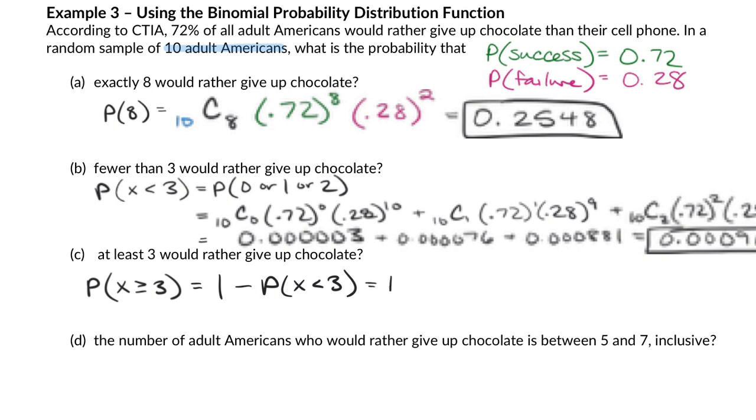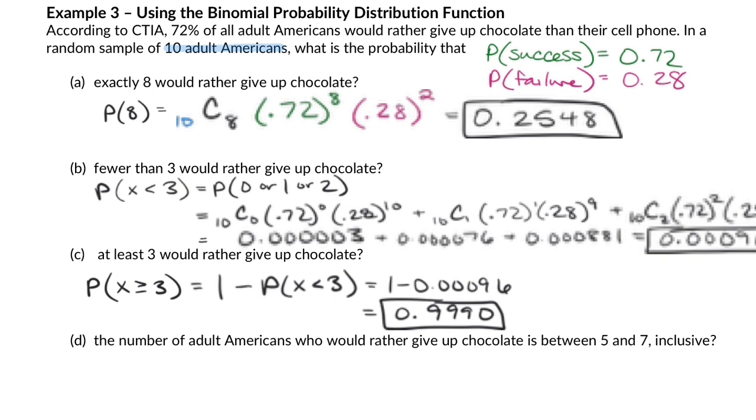I can just take that number I got in that other problem and subtract it. So work smarter, not harder. If the numbers make sense for you to use complements instead of the binomial formula, or if you want greater than 2, then that means you can do 1 minus the probabilities of 1 and 0 and just do the complement. Like, work smarter, not harder.